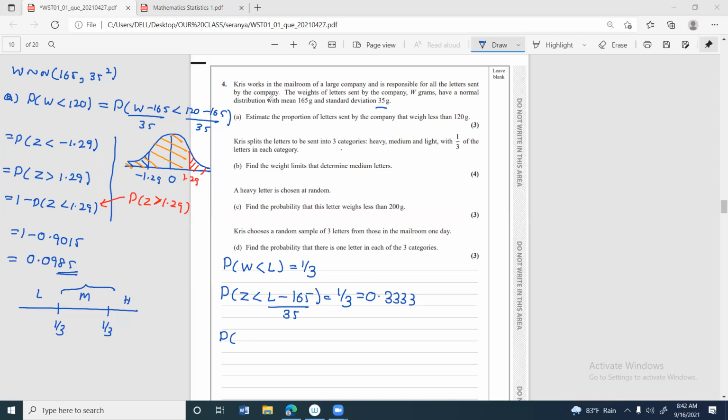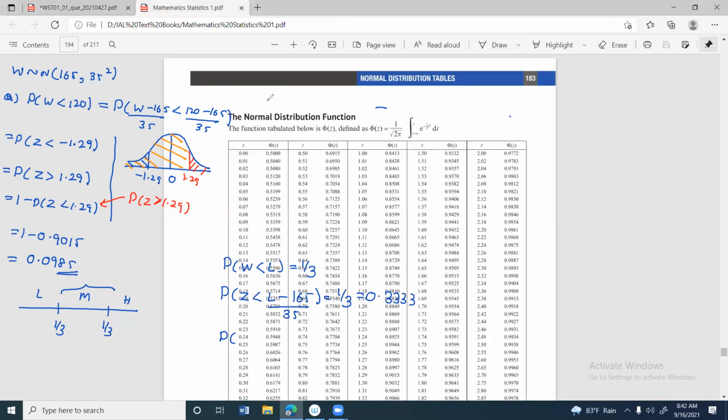If you refer to the table, there is no probability for 0.3333 because the smallest value is 0.5. In such situations, we take 1 minus 0.3333, and you obtain 0.6667.